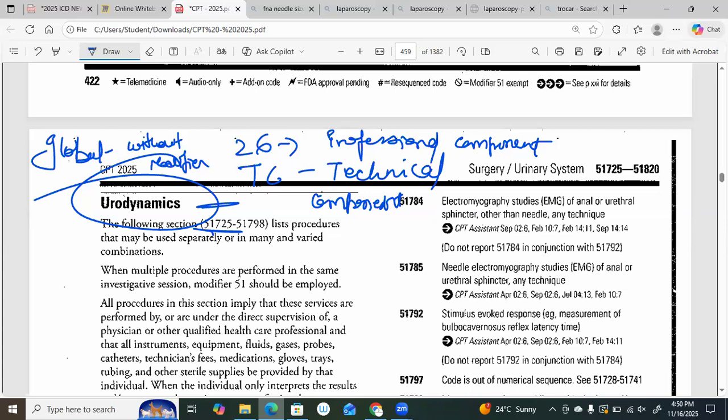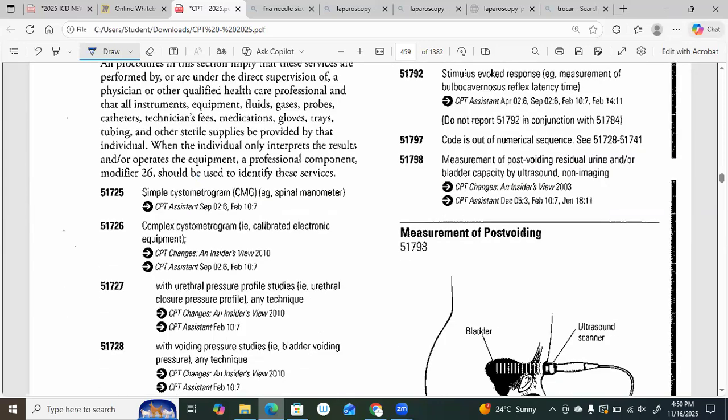So in these studies, we have the CMG. CMG stands for cystometrogram. Let me pull that code first. Here it is. Cystometrogram. This study measures how much fluid the bladder can hold appropriately.